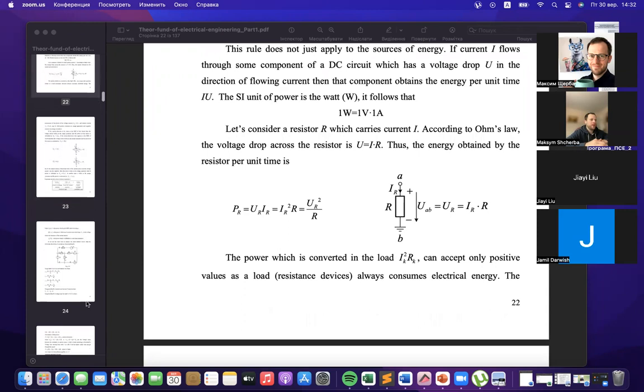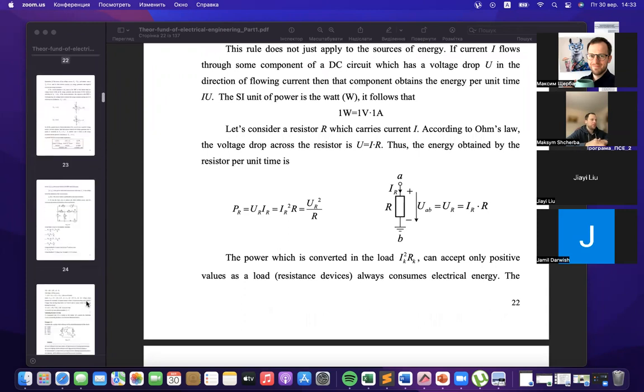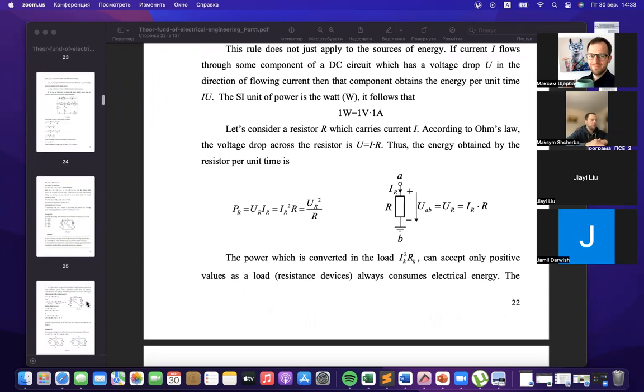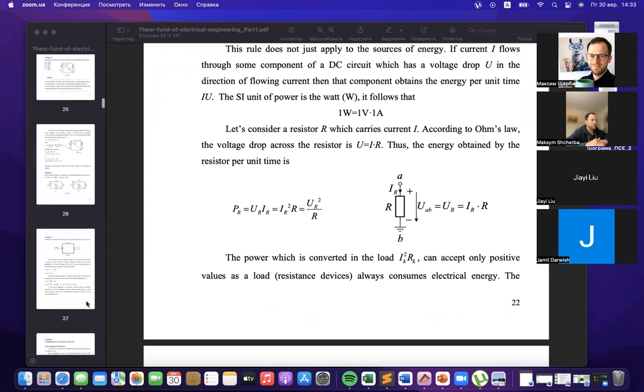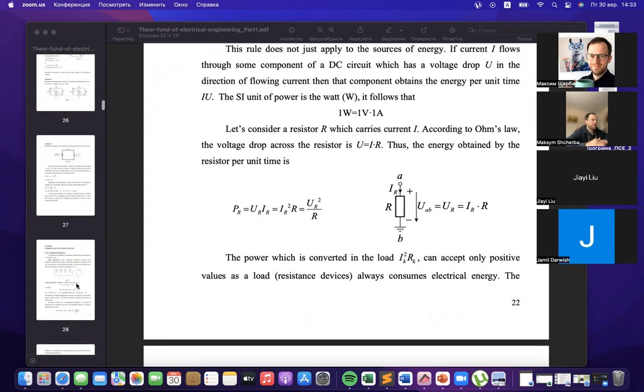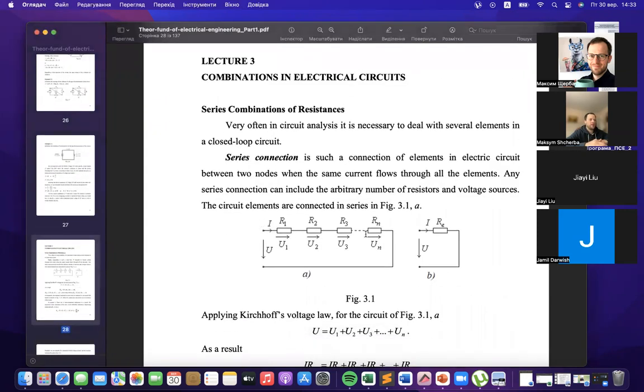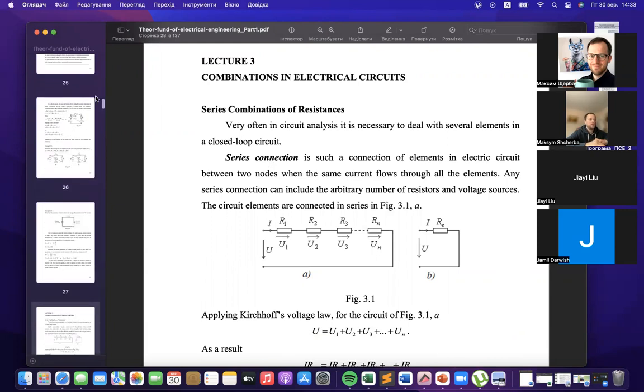We simplify it by consumers, looking how many resistors we have, and could we make the number of resistors smaller. That is called combinations in electrical circuits, and I propose to speak firstly about combinations, and after it return in more detail to the laws.